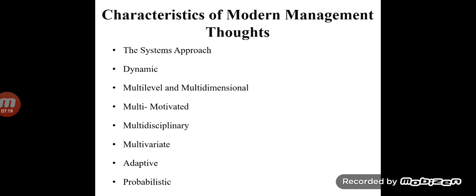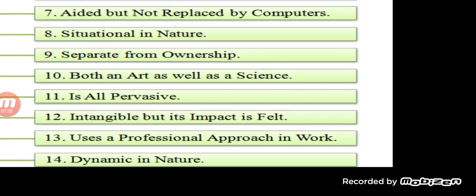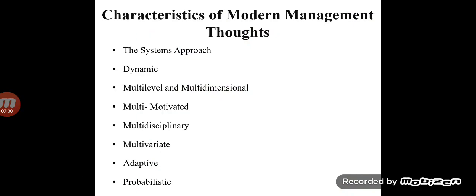Second one is dynamic. We have learned this point in the features of management. Dynamic, the last point here, you can observe, is dynamic in nature. The meaning of dynamic is gatishilta, okay, meaning changing as per the time, as per the requirement.